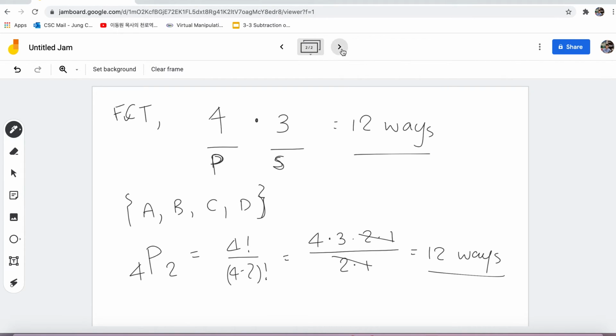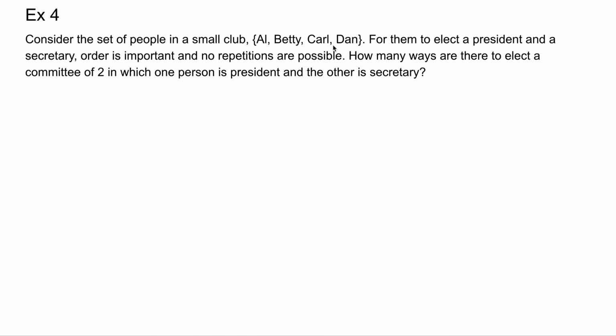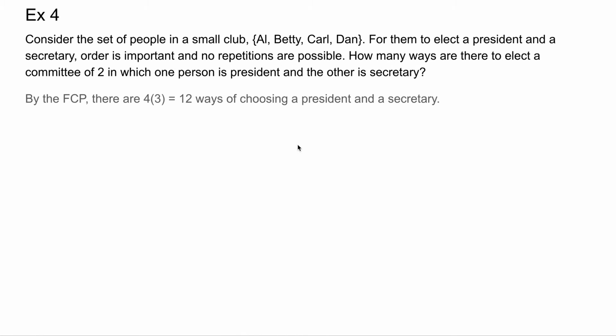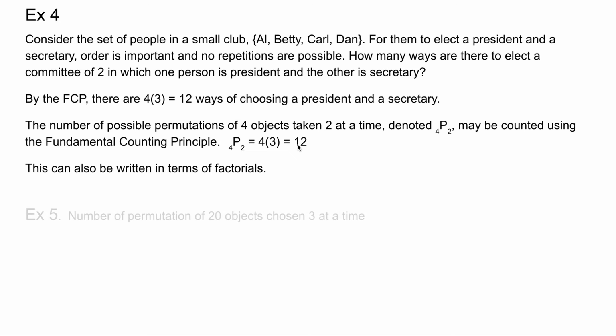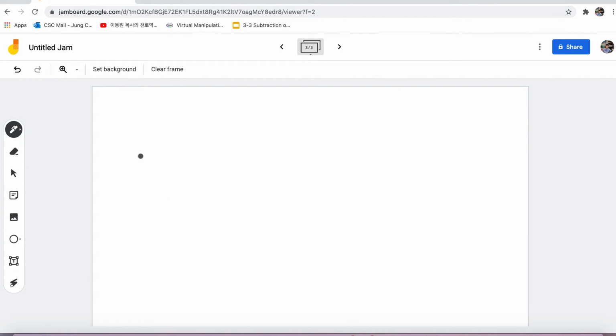Let's look at another example. Number of permutations of 20 objects chosen 3 at a time. It already tells you it is a permutation, right? So we're going to do 20 permutation of 3.